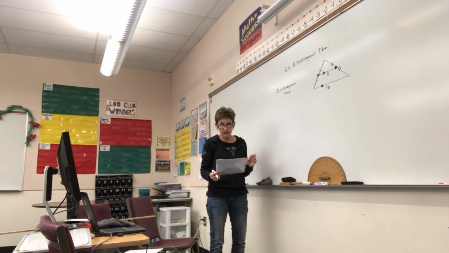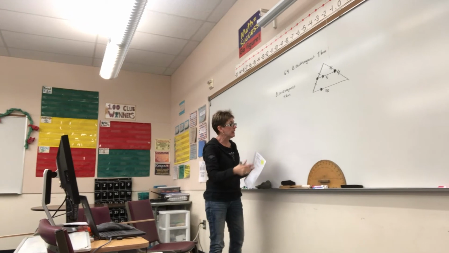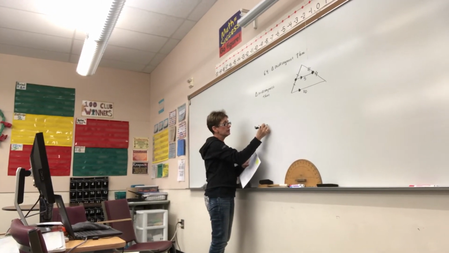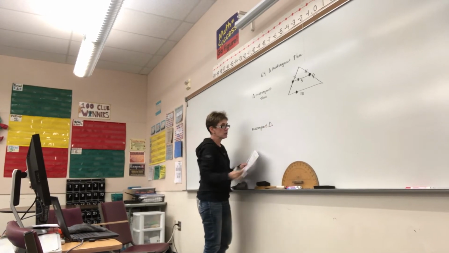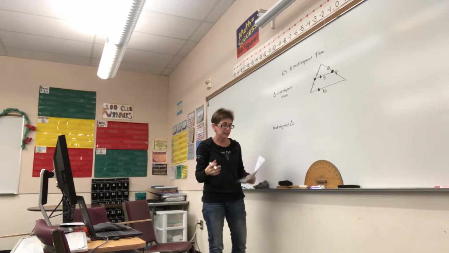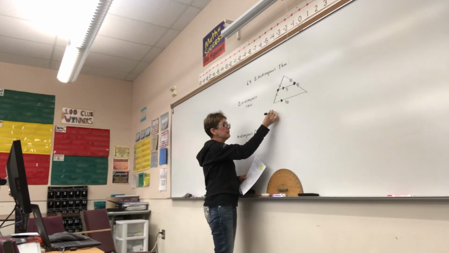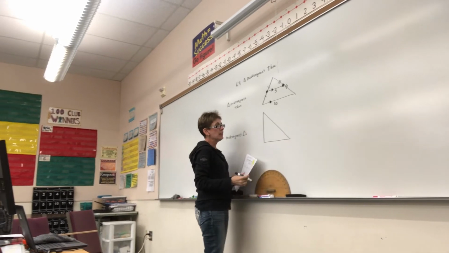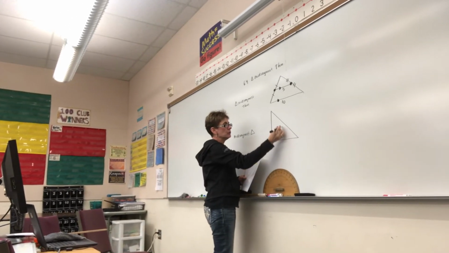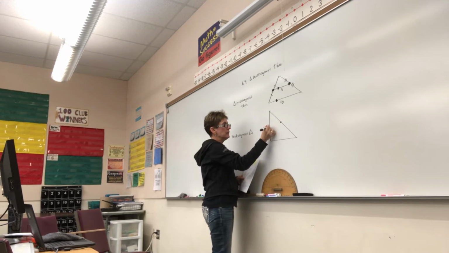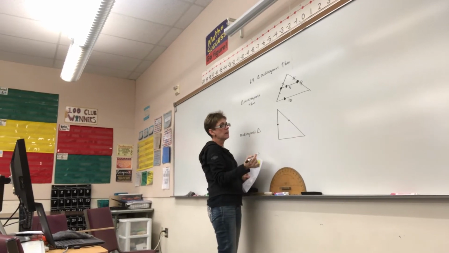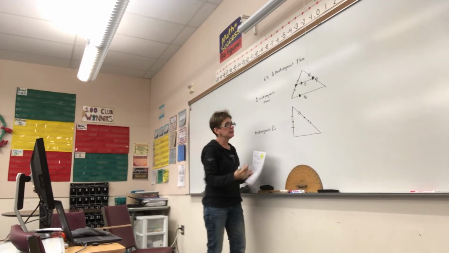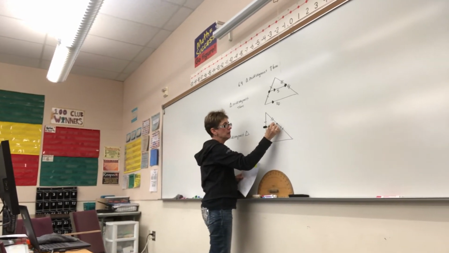Now, every triangle has 3 mid-segments, so we have one more vocabulary word here, and that is the mid-segment triangle. It's kind of like a triangle inside a triangle. So let's say, for example, that we have a right triangle and we want to draw one of the mid-segments like we just did. We can draw the midpoints of 2 of the sides and then connect those with a line.